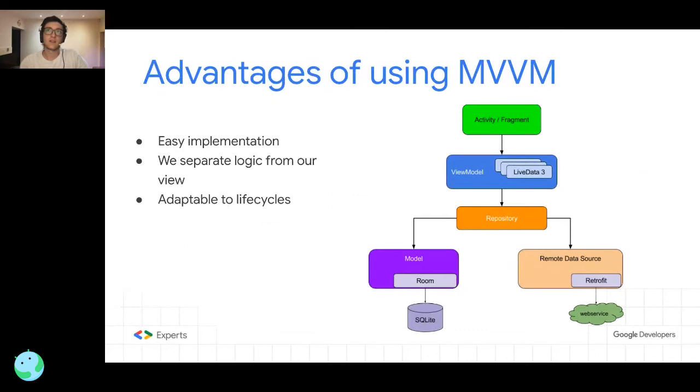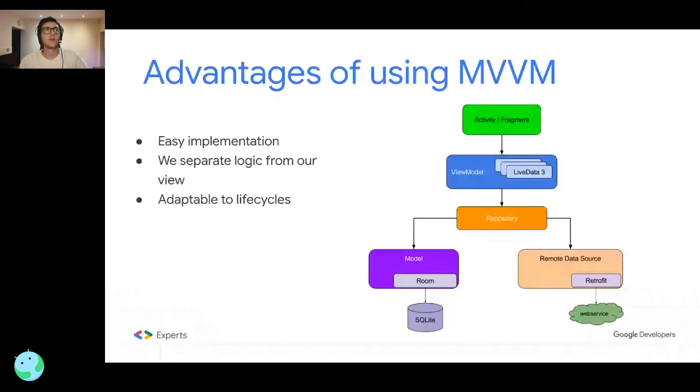So we have our data sources, which could be Room, a local data source, or a remote data source with Retrofit, Firebase or Amazon Web Services. In this way, we define our architecture in MVVM with 4 layers: UI, presentation, repository, and data layer.